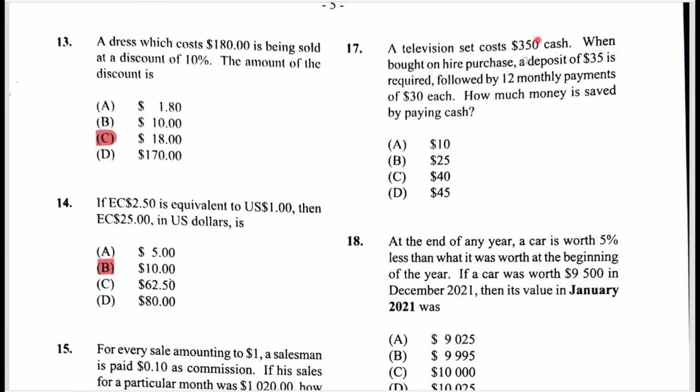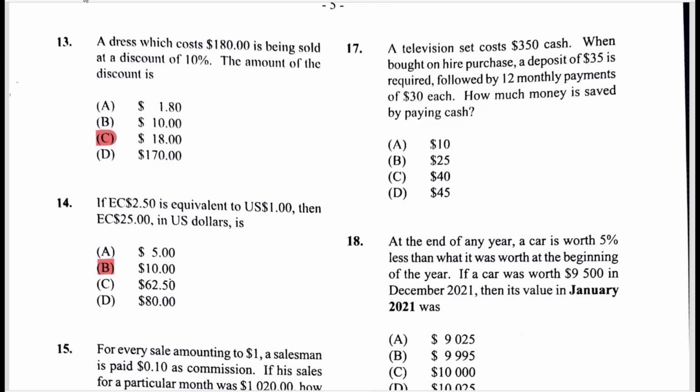17. A television set costs $350. On hire purchase, a deposit of $35 is required, followed by 12 monthly payments of $30 each. How much money is saved by paying cash? Did this question before. You multiply 12 by 30 to get 360. 360 add 35 is 395.